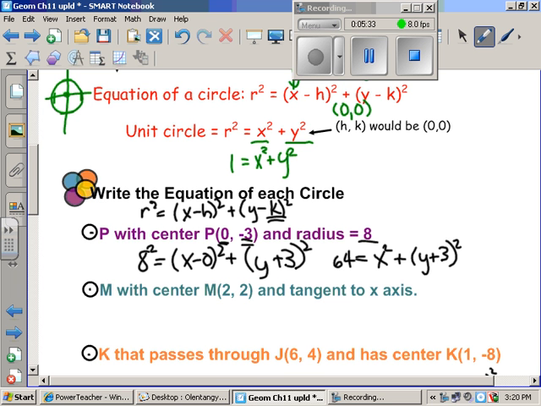In Algebra 2, you're going to be able to do a lot of stuff with that, but this year, we just want to learn how to write the equation. So if I were going to graph that, I know the radius is the square root of this, so the radius is 8, and I know the center is at 0, negative 3. So it would be at 0 and then negative 3. I know the radius is 8, so 1, 2, 3, 4, 5, 6, 7, 8.